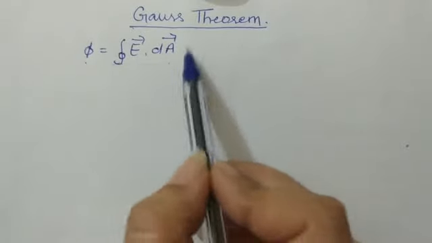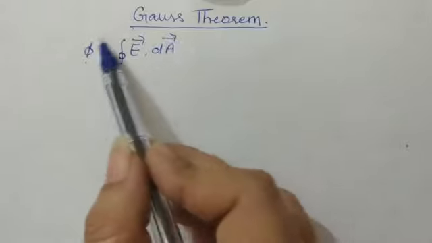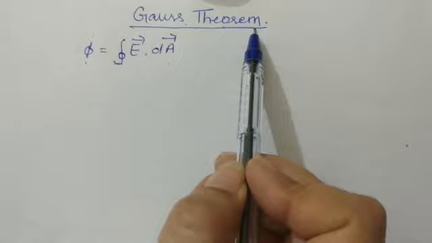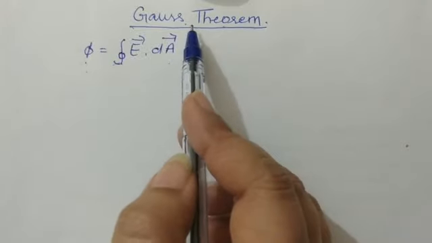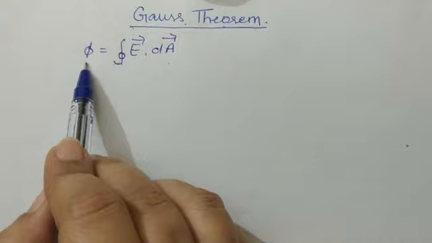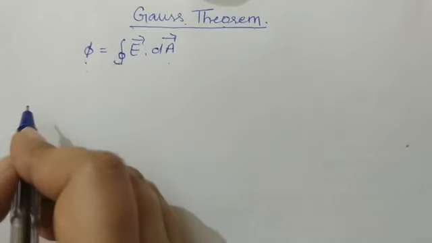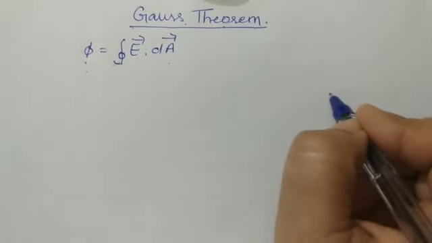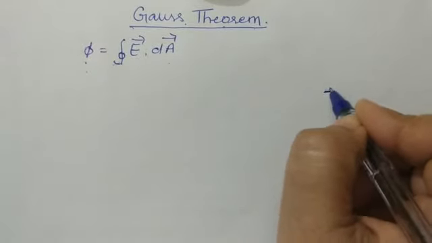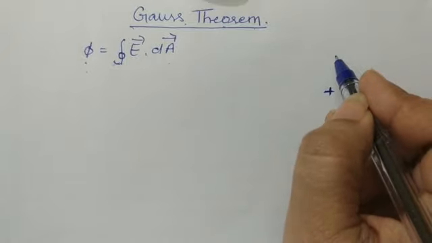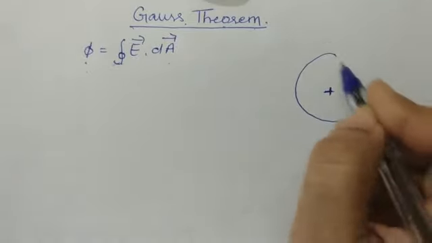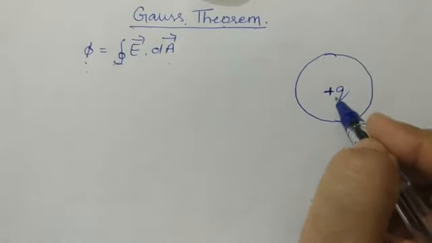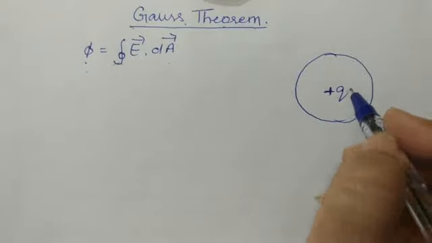So to ease out the way of calculating electric flux, Gauss gave a theorem with the help of which we can very easily calculate electric flux. Now what is Gauss theorem? Gauss theorem says that if there is a charge enclosed in a surface, suppose this charge is Q, it can be positive or negative, both charges.